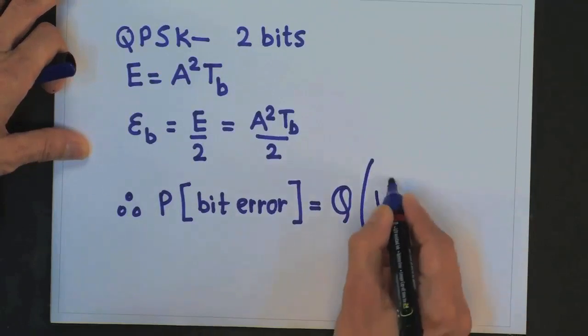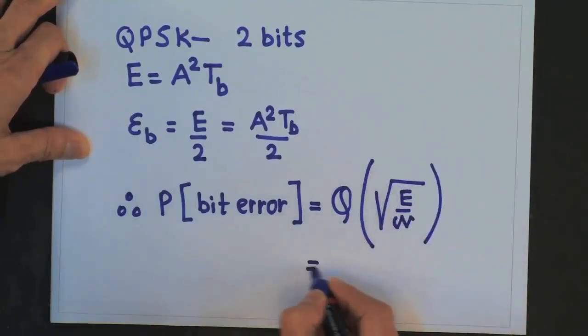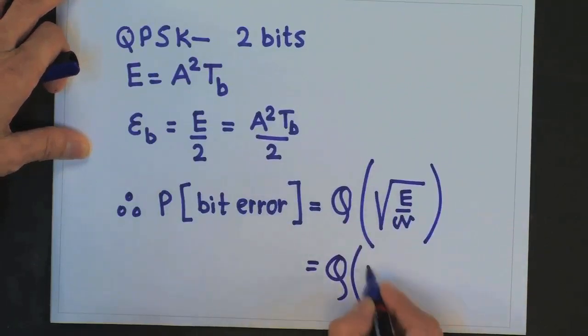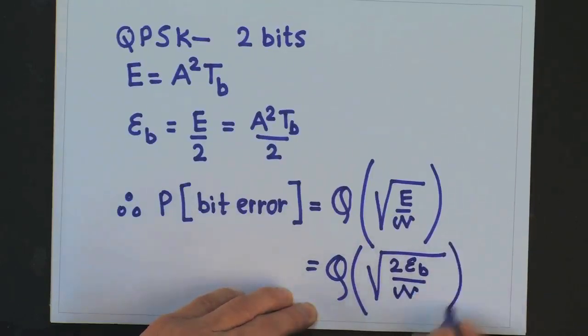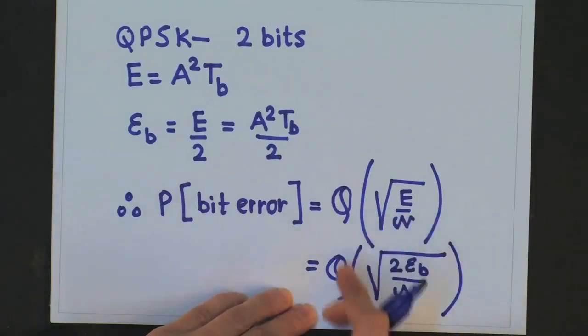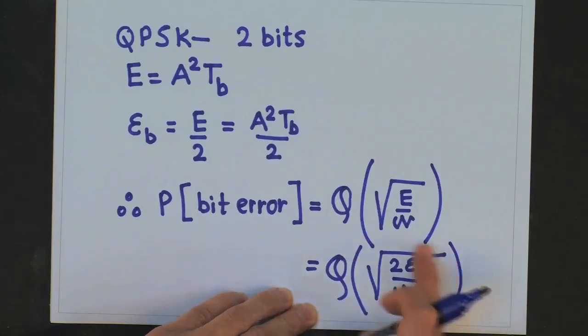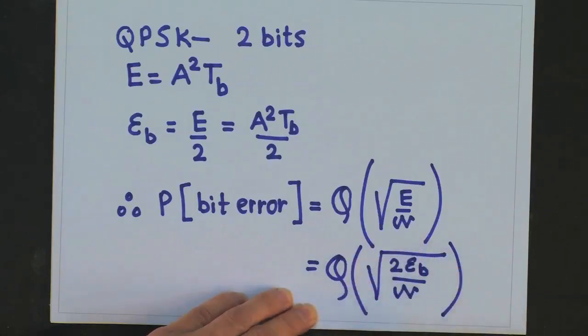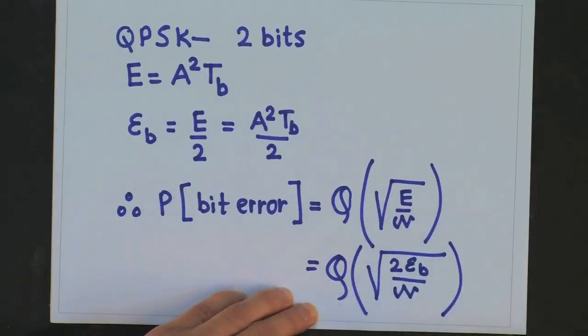This is equal to... So, what this expression shows is that the probability of bit error is the same as that of binary PSK. So, this clearly demonstrates the advantage of QPSK over BPSK.